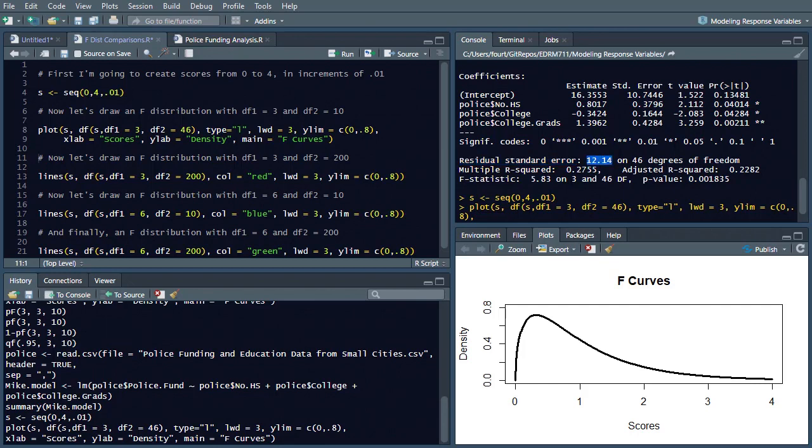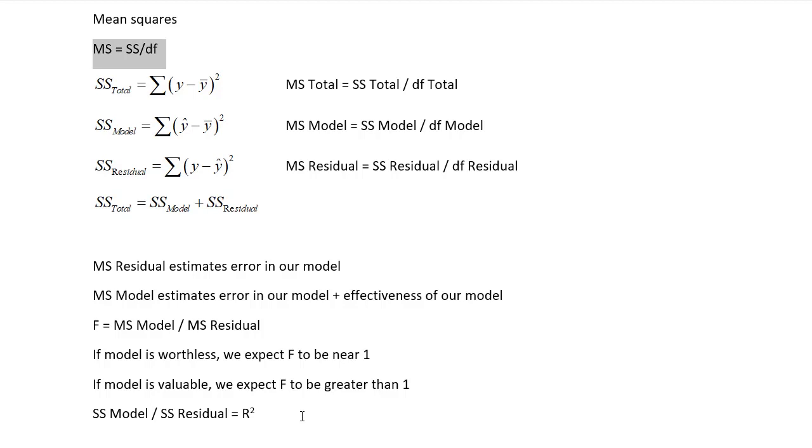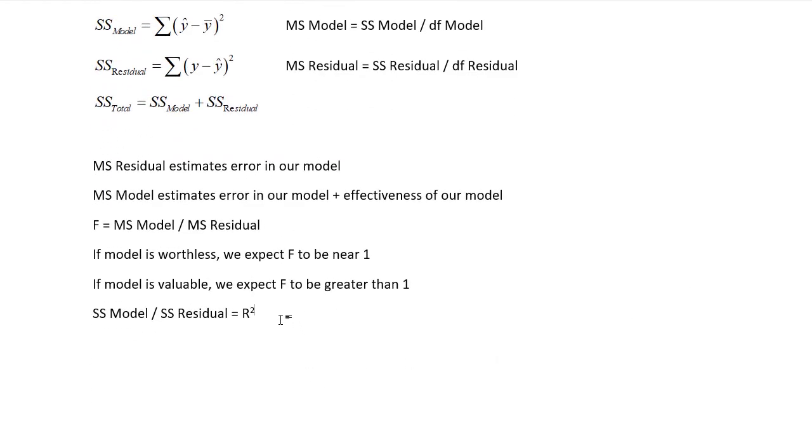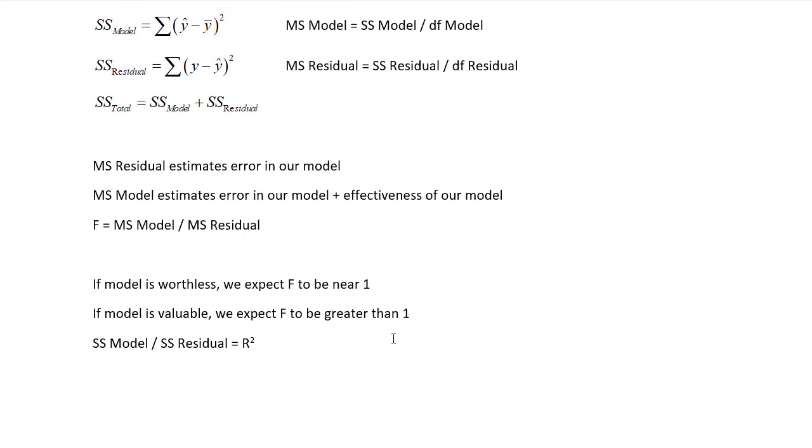Oh, I know what else I can tell you. Where's that 3 and 46 degrees of freedom come from? So let me go back here to this F statistic. The numerator degrees of freedom for an F statistic are the degrees of freedom for MS model.